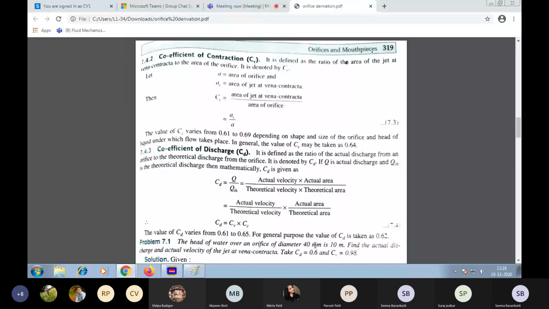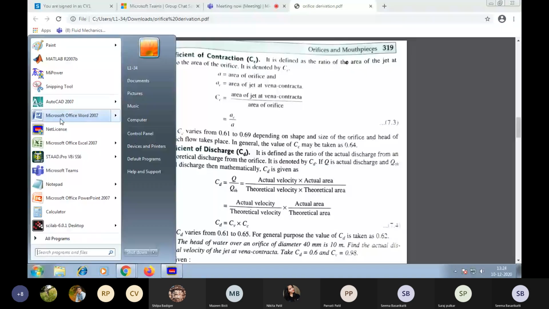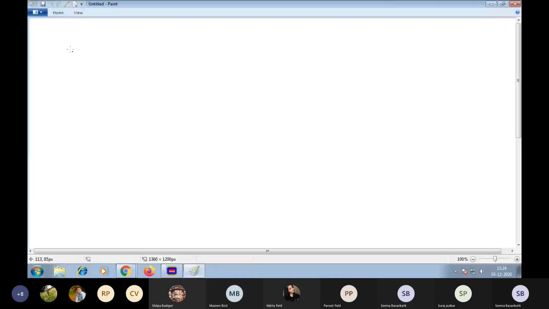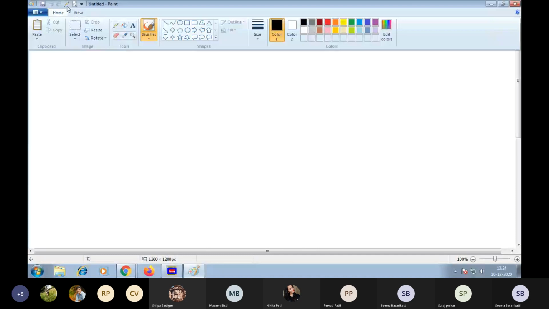So first note down the given things here. What all they have given?